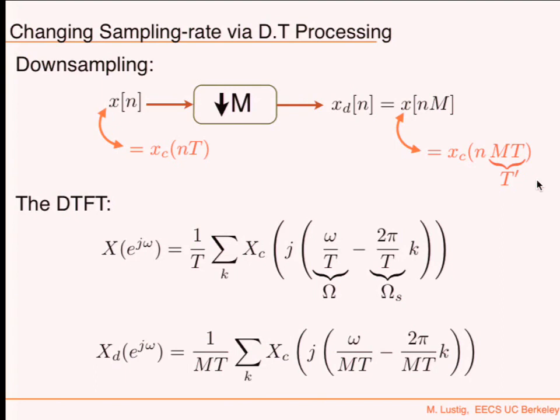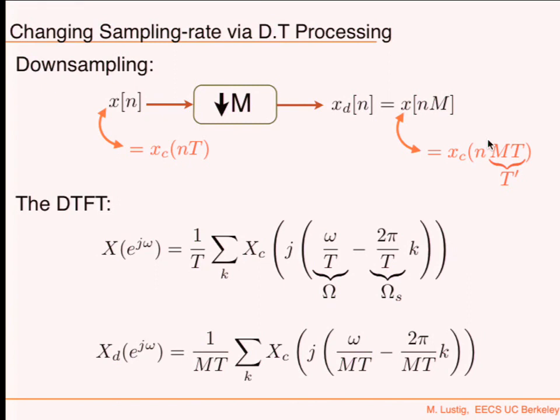So of course we may get effects of aliasing, because if we think about the continuous time, it might not fit within the Nyquist criteria.